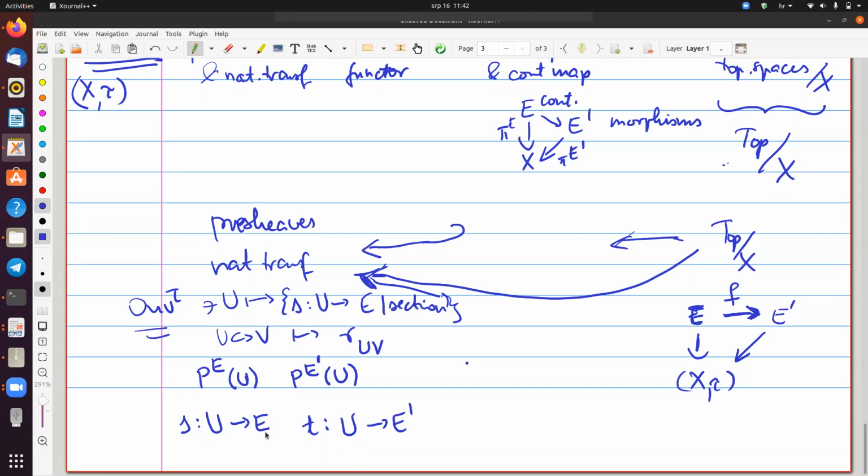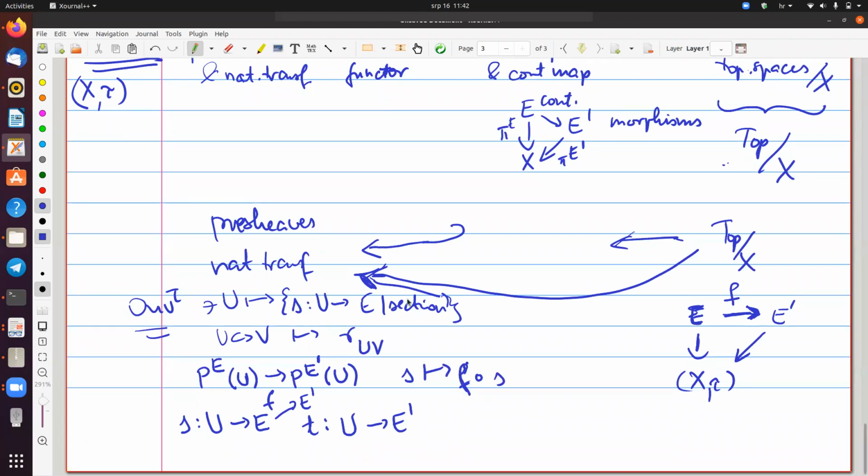So it's clear that from this one you can get here by post-composing with F. You simply go in this direction by sending S to F composed with S.